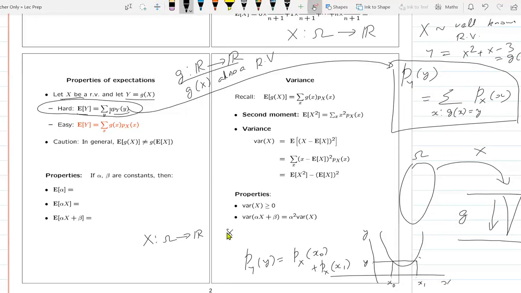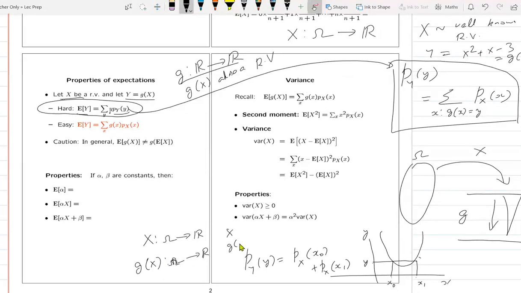Let me just complete. So G is another function from real number to real number. So G of X is also a function from sample space to real numbers. You agree? So what is the name of this function?